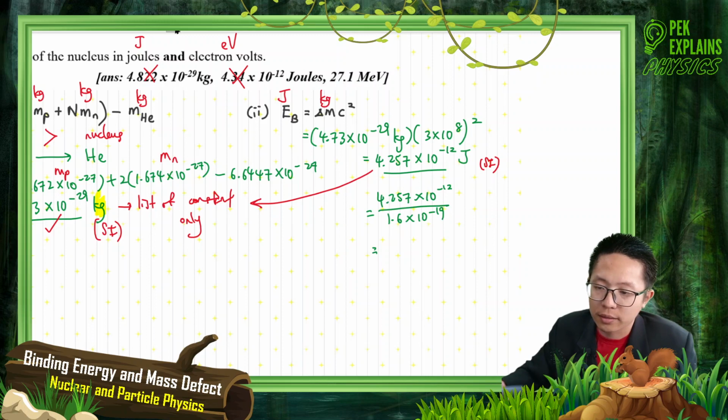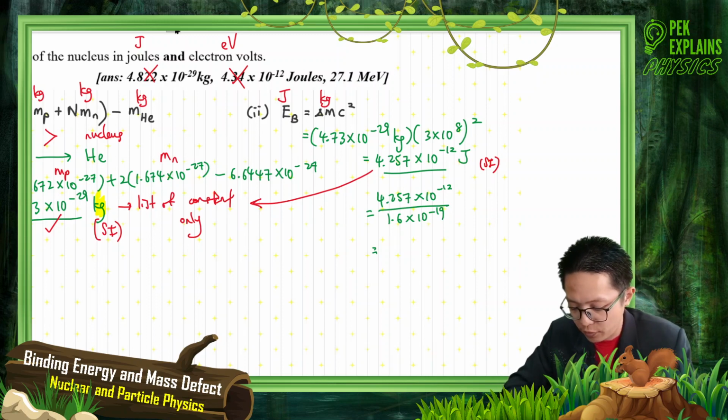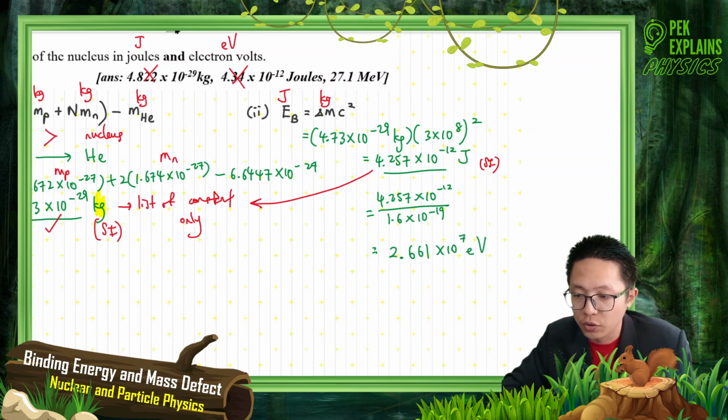So what do I get? Let me check the answer. 4.257 exponent negative 12 divided by 1.6 exponent negative 19. The answer is 2.661 exponent 7 electron volt.